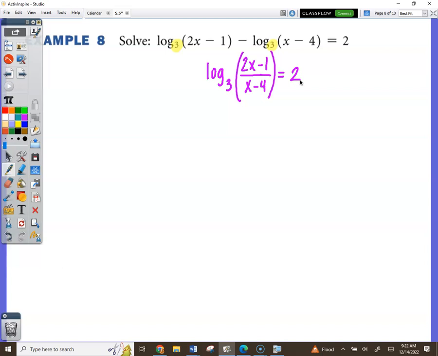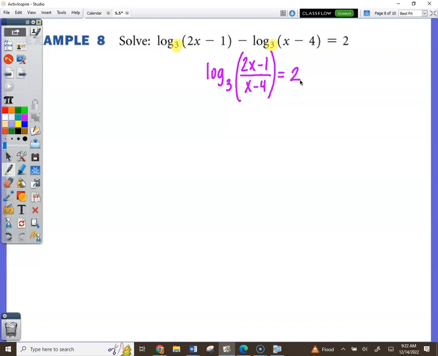Does that make sense? Now you have a log equals a number. When you get it down to a single log equals a number, you can convert. So we're going to convert to exponential. What would it look like?